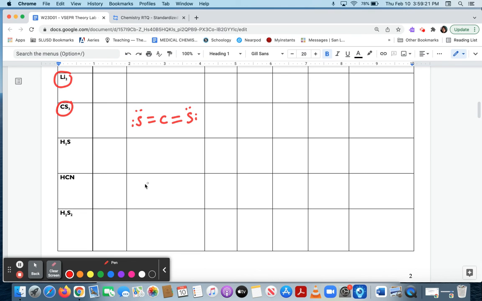And for HCN, this would be my Lewis dot structure. For H2S2, a small note to yourself is that I'm going to have you choose one of the sulfurs as the central atom.